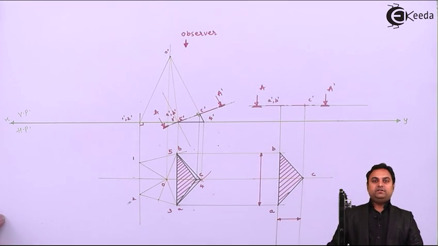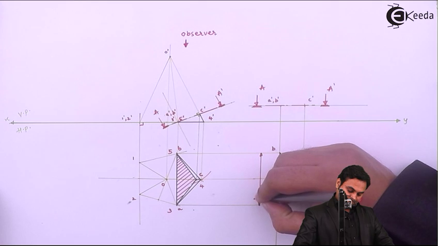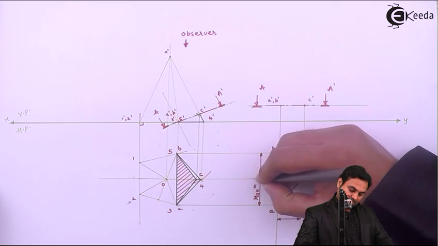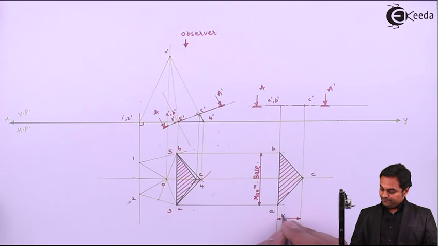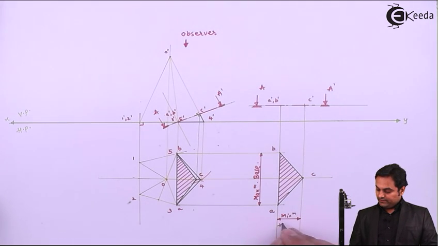So this equilateral triangle has a maximum base and minimum height.